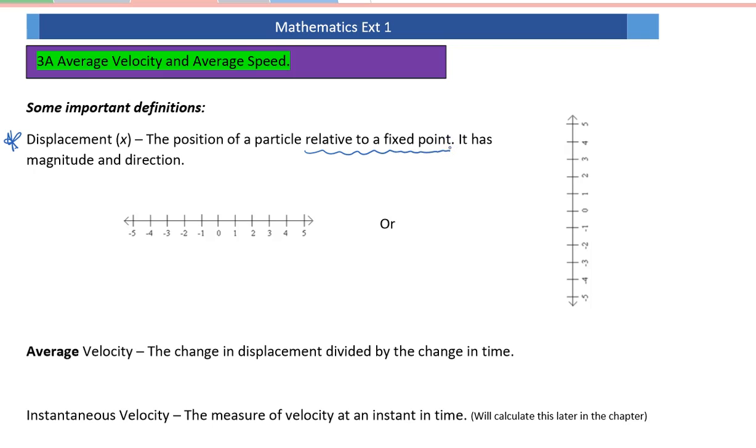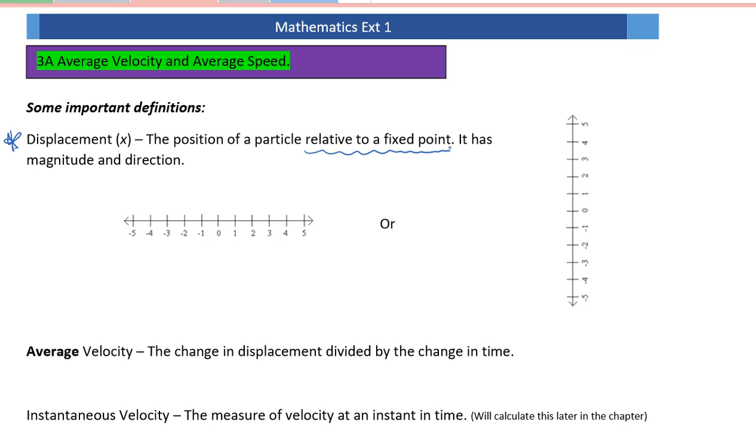Now, we probably haven't spoken about that sort of concept before. We've talked about distance. It's really important that you realise displacement and distance may not be the same thing. So let's focus on what displacement actually is.